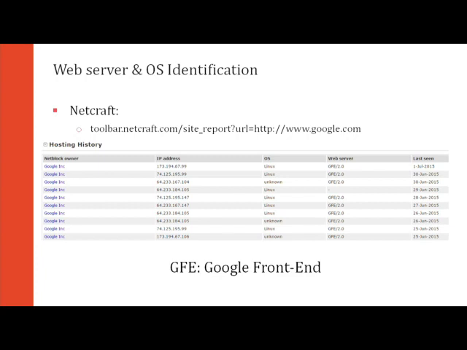For example, for Google, if you try to search for the web server version, it uses so many techniques to try to hide it. But here we can clearly see that it is GFE, which is Google Front End. It's a proprietary web server created by this search engine.